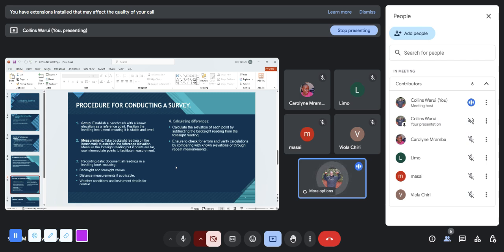So the other step is calculating differences. You calculate the elevation of each point by subtracting the backside reading from the foresight reading. And then you ensure to check for errors and verify calculations by comparing with known elevations or through repeat measurements. This is self-explanatory unless someone has a question.